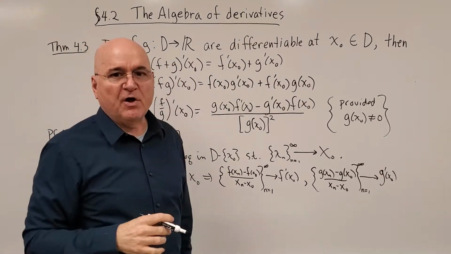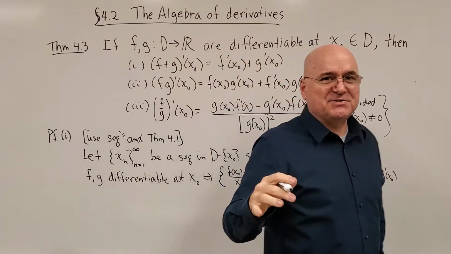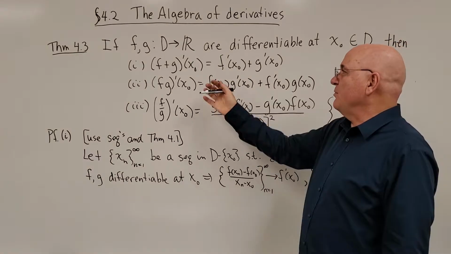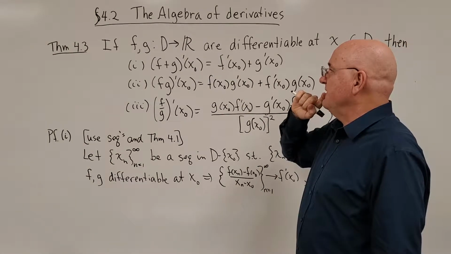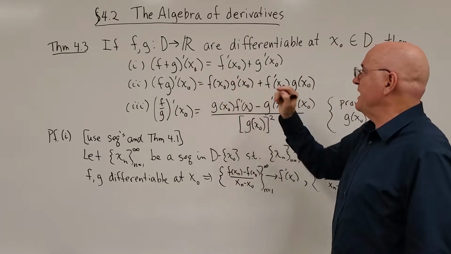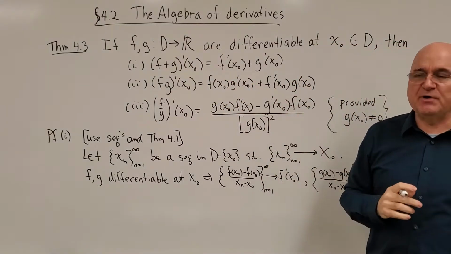And then, as you'll recall from calculus, the next two require a little bit more memorizing than that. And by the way, I'll go ahead and add in that (f minus g) prime of x naught would be f prime of x naught minus g prime of x naught.